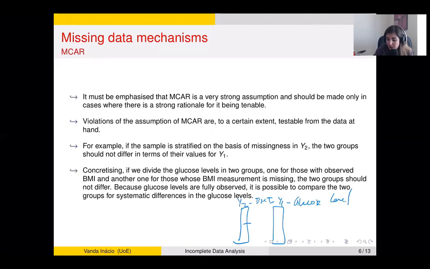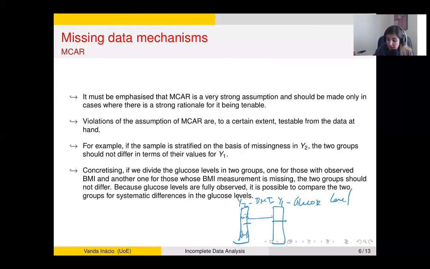And we know that some values are missing for the BMI and some others are observed. And if we stratify y1, in this case the glucose level variable, on the basis of the missingness on y2, I will form two groups: one group corresponding to the glucose levels of those individuals with missing BMI values, and another group formed by the glucose levels of those individuals with observed BMI.